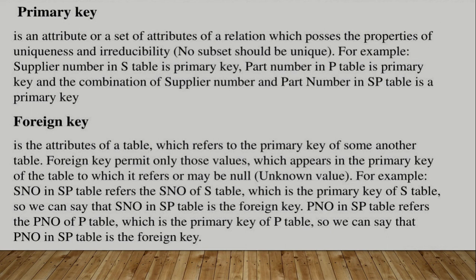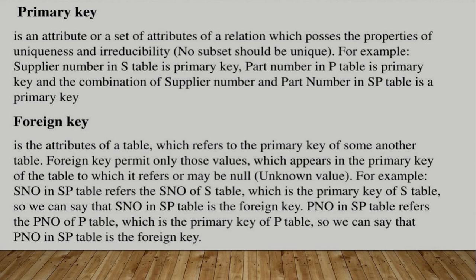In the S table we have supplier number and in the P table we have part number, which are unique in their tables, right? So supplier number in the S table acts as a primary key, and part number in the P table acts as a primary key. If we combine both tables, the supplier table and the part table, then we can call it the SP table, for example.